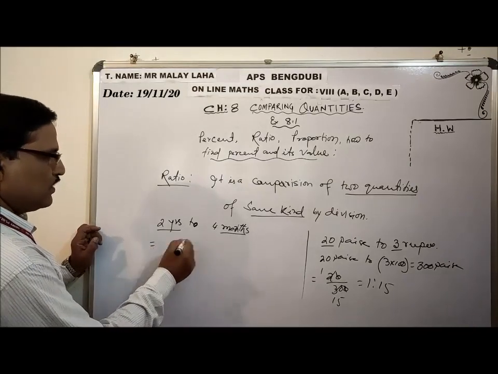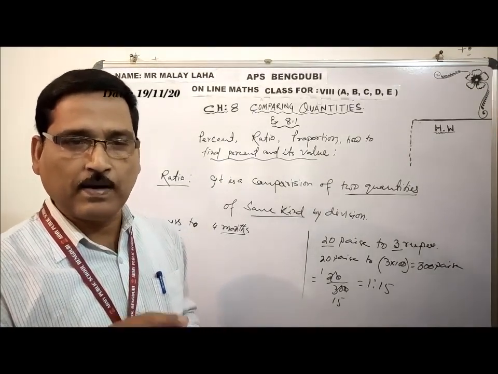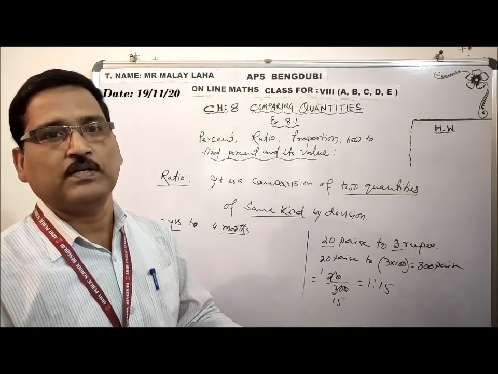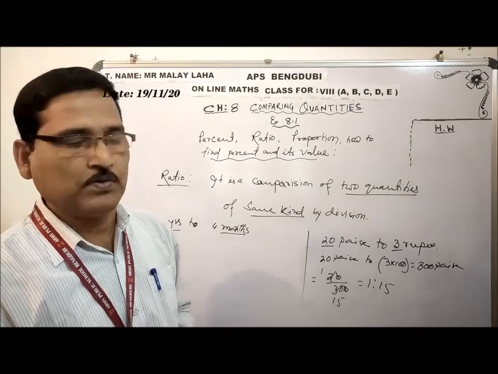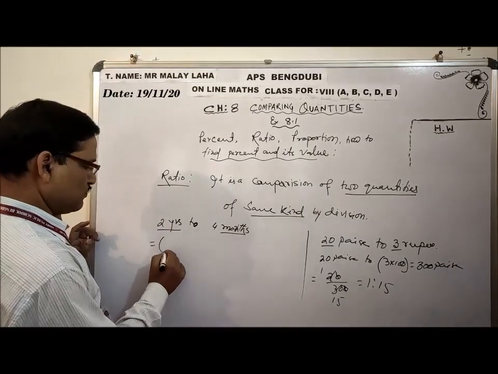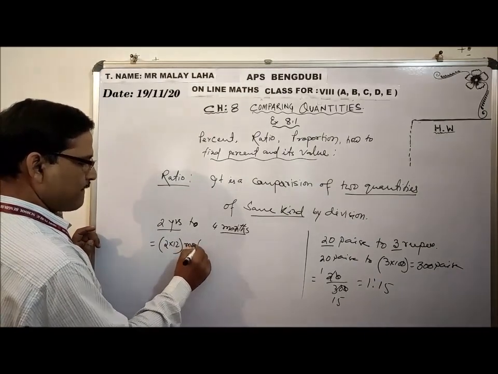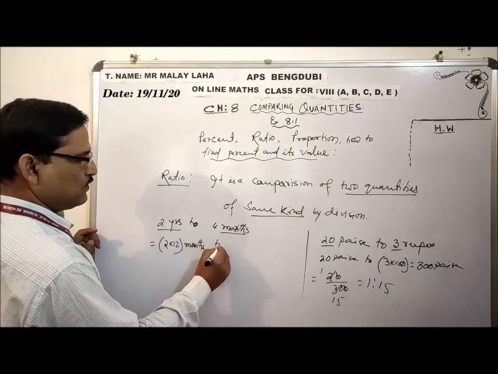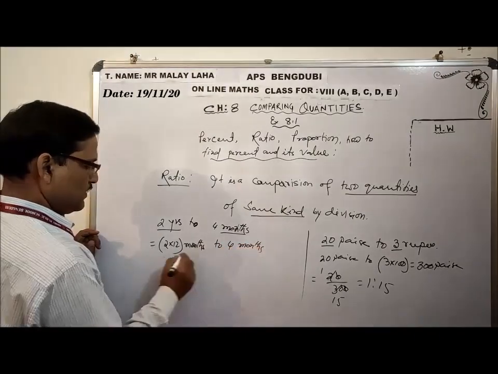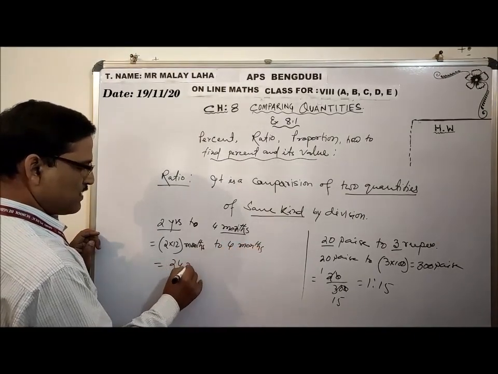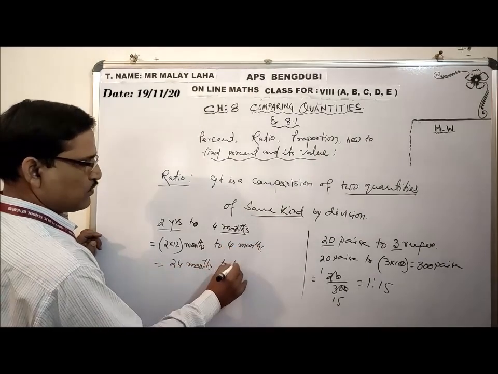Okay, what to do? Always greater to smaller. Convert years into months. Months should not be converted into years because it may become a fraction or decimal again, and there will be a problem for you. So always greater to smaller. So 2 years means 2 into 12 months, 24 months, to 4 months.